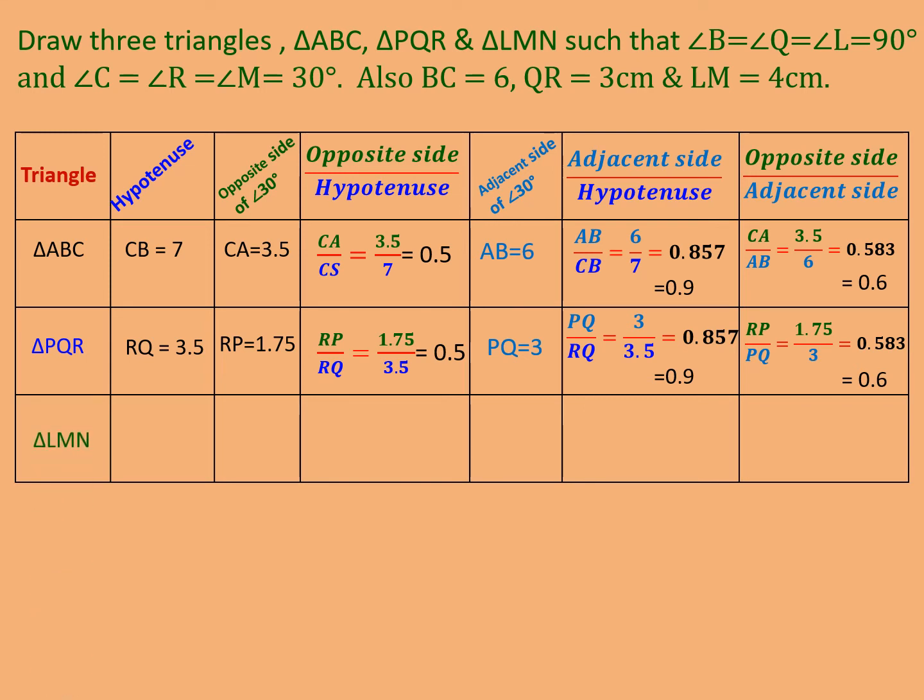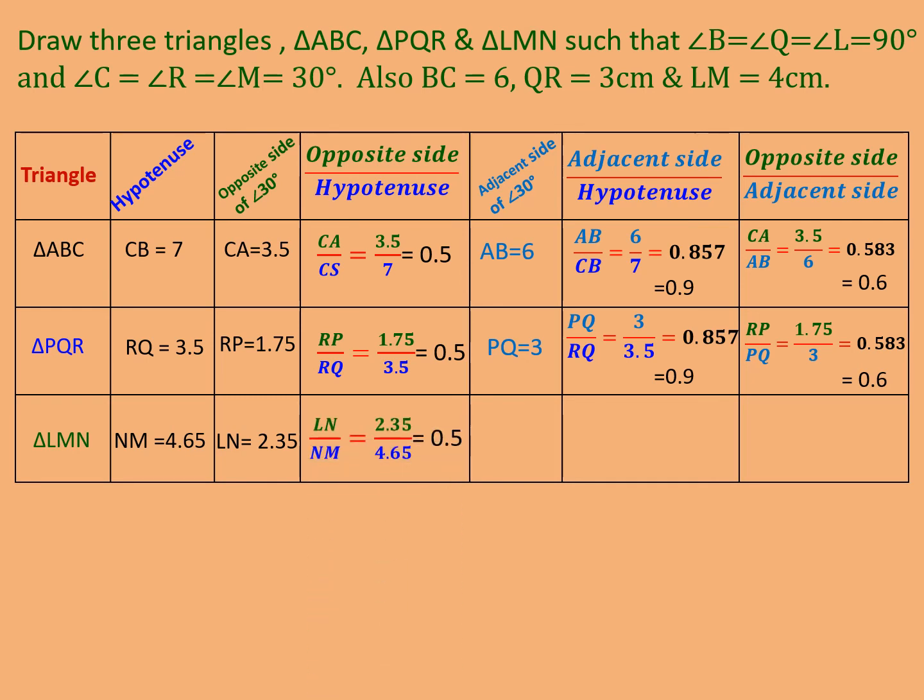Let us take the third triangle, triangle LMN, in which hypotenuse NM equals 4.65. Why have I taken 4.65 and 1.75? Because that point on the ruler was coming between 7 and 8, so we have made it approximate. Next we have LN, that is the opposite side, 2.35.